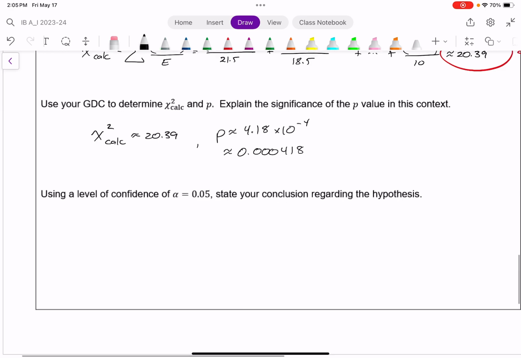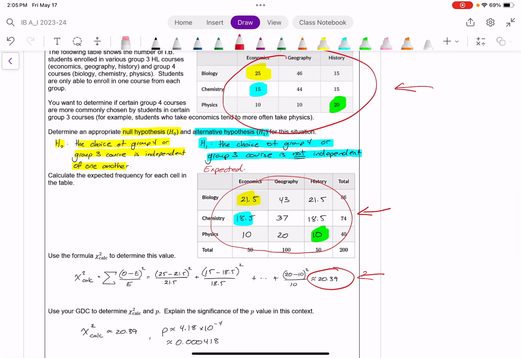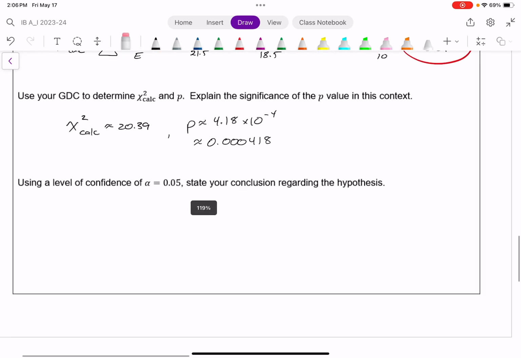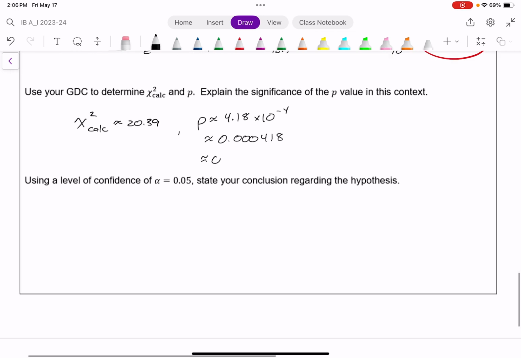That means the probability of these observed results happening by chance, or the probability of these results occurring based on these totals in which there is no dependency, is 0.000418, which as a percentage is approximately 0.04% probability that these results would occur without any dependency. That's a very low amount.